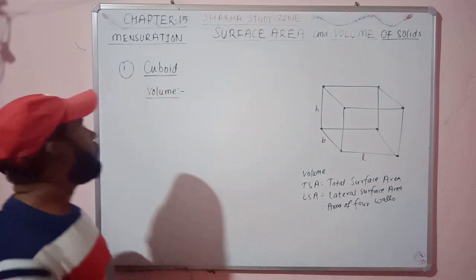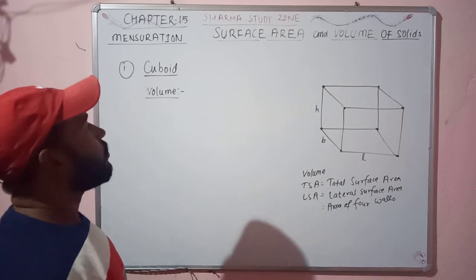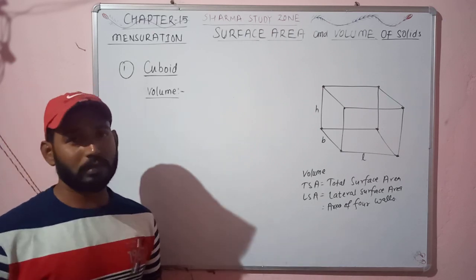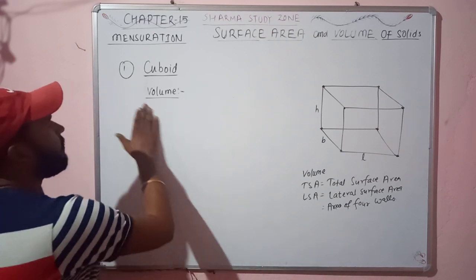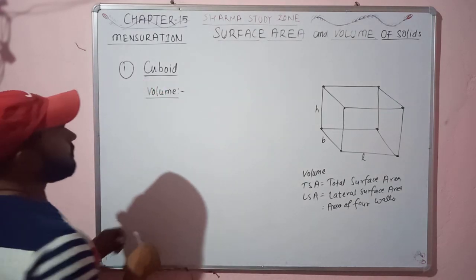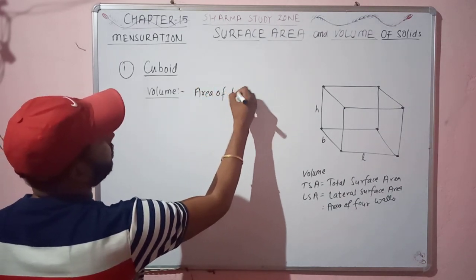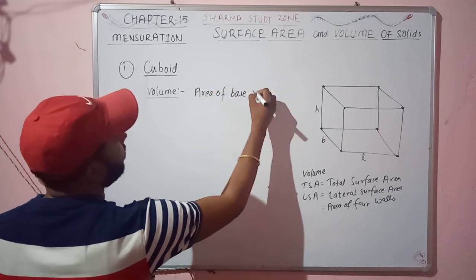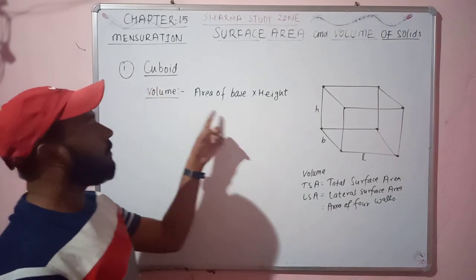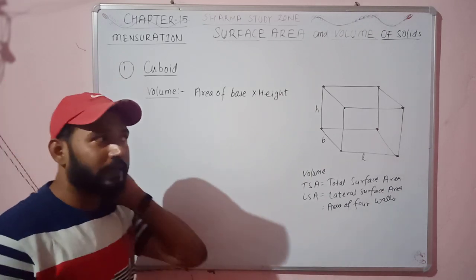So volume is the quantity of material used to form any object. Simply, the formula for volume is area of base into height. This formula will be applicable for all solid figures.